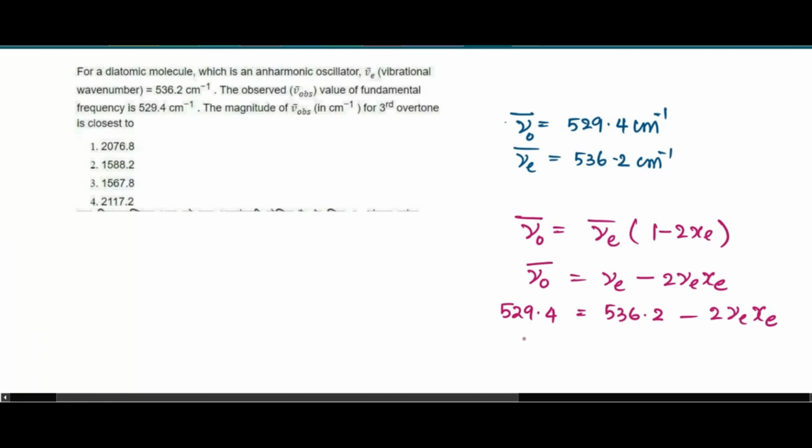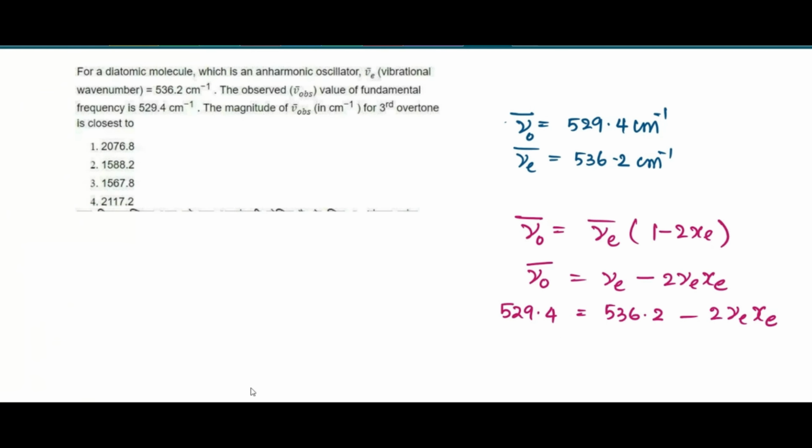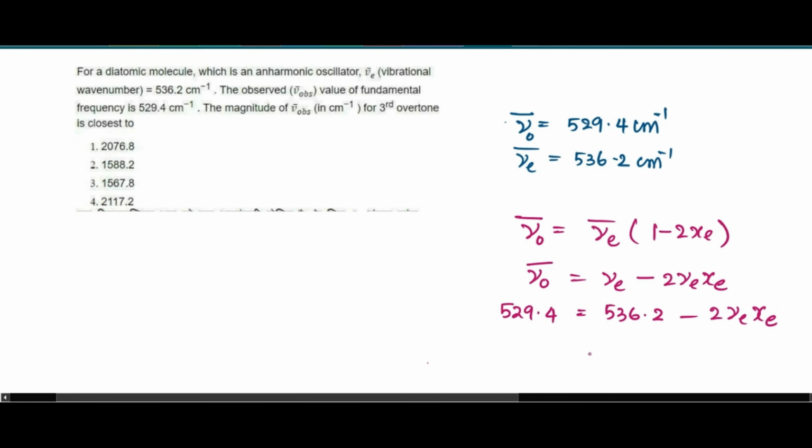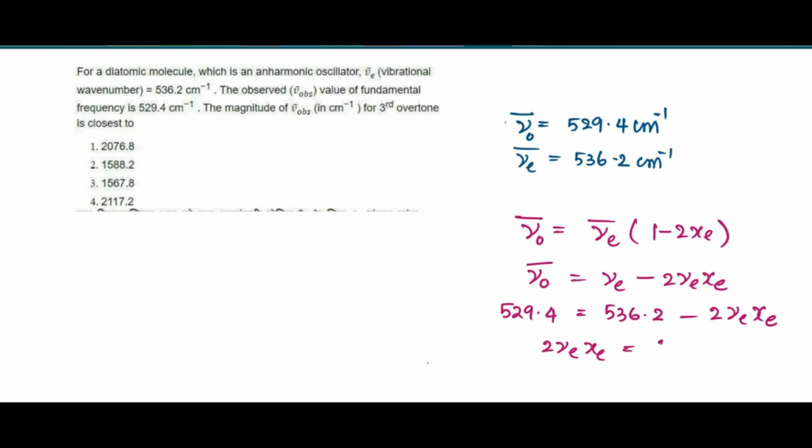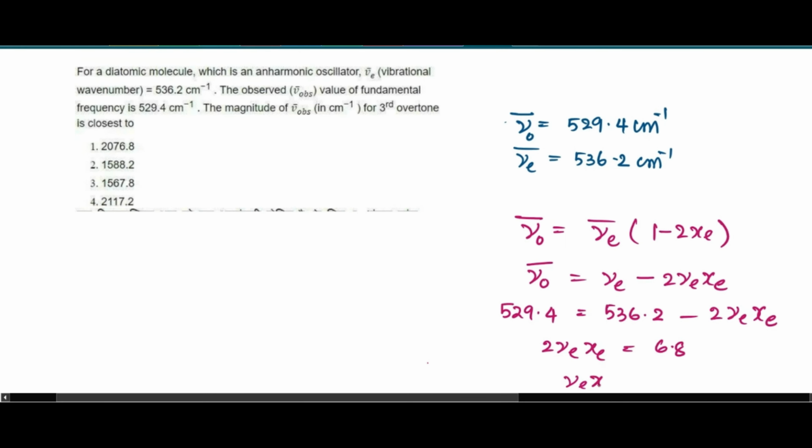Solve it there. 536.2 minus 529.4 gives 6.8. So 2 nu e xe is equal to 6.8, which means nu e xe is equal to 3.4 centimeter inverse. Correct? We got nu e xe.